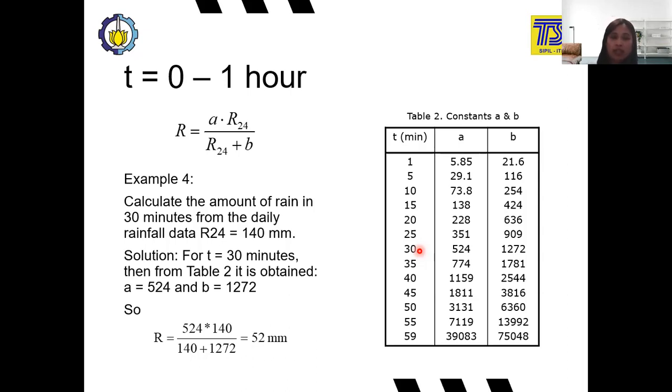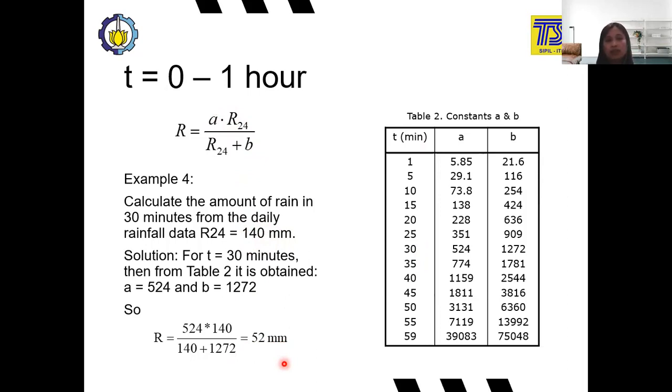And we can calculate it using this equation as A here and B here. And then we got the R24 equal to 140. And then we can calculate, so the amount of rain in 30 minutes from the daily rainfall data of 140 is just 52 millimeters. That's how you use this equation.